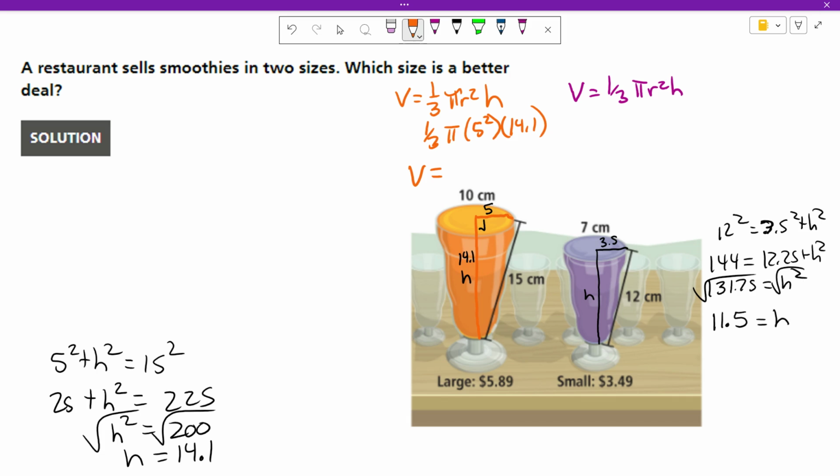What do we get? We good? Okay. Purple one. 1/3 pi 3.5 squared times 11.5.